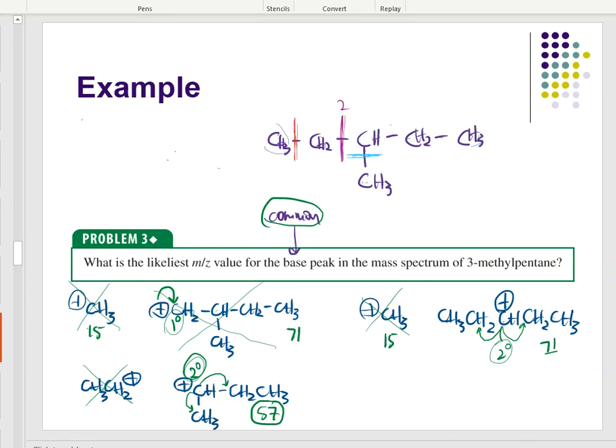So here I have a positive that's a secondary carbon, and here I have a positive that's a secondary carbon. Stability-wise, not too much different. But there's two sides to every story.